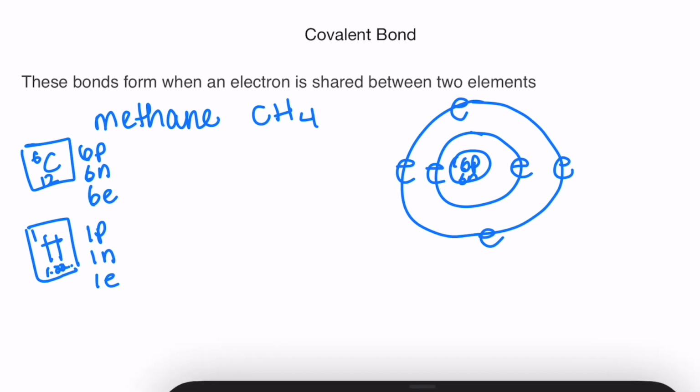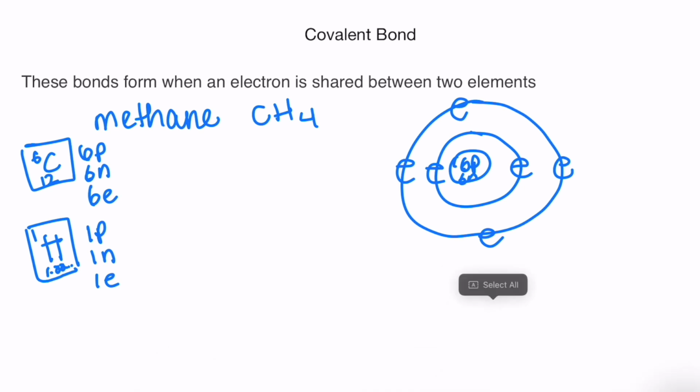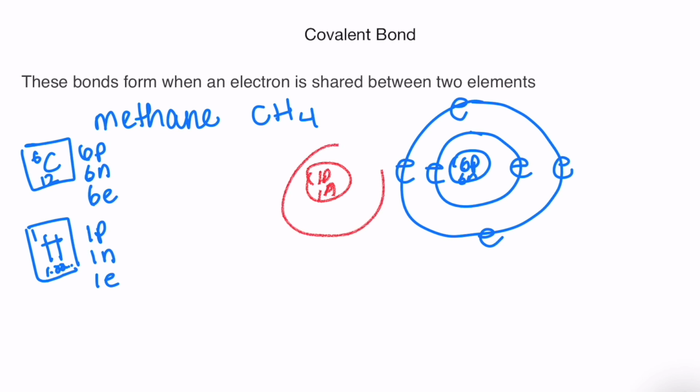Now let's draw hydrogen. So hydrogen, 1 proton, 1 neutron, and then it has just 1 electron in one shell. What hydrogen wants is to have 2 electrons in its valence shell. And so we will have 4 hydrogens come and share their electron with carbon.